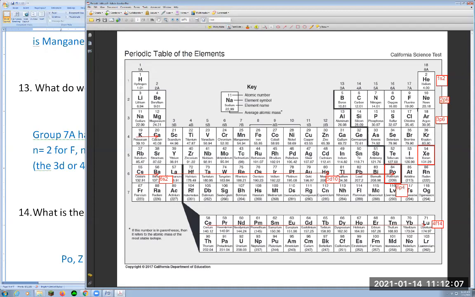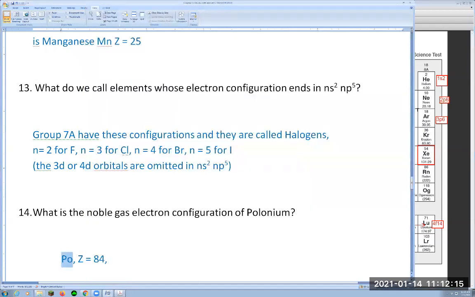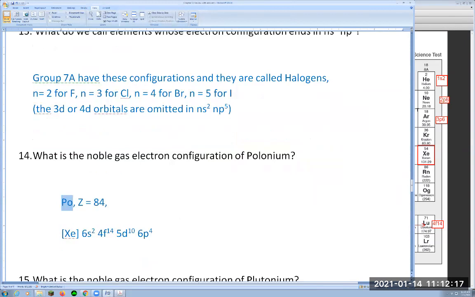And that finishes your electron configuration for polonium. So let's see how it looks: xenon, 6s2, 4f14, 5d10, and 6p4.